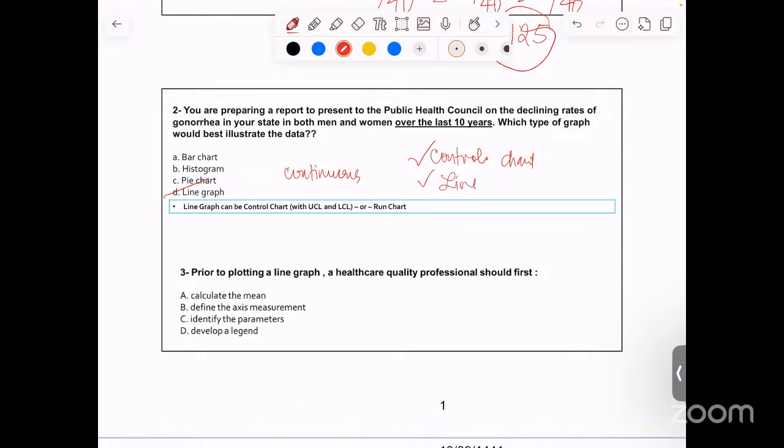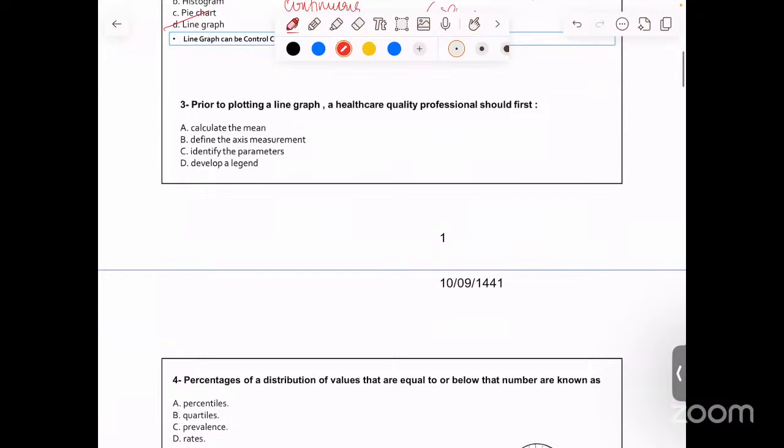Okay, don't be confused. Number 3, prior to plotting a line graph, a healthcare quality professional should first A, calculate the mean, B, define the axis measurements, C, identify the parameters, D, develop a legend. Okay, and here the question is about designing an axis for a chart.